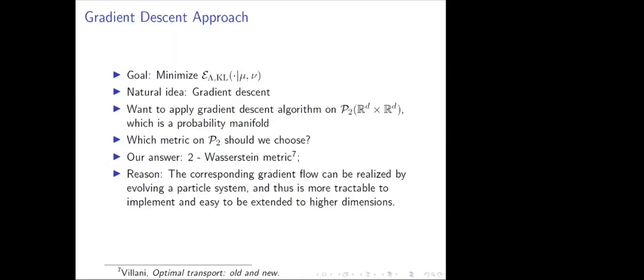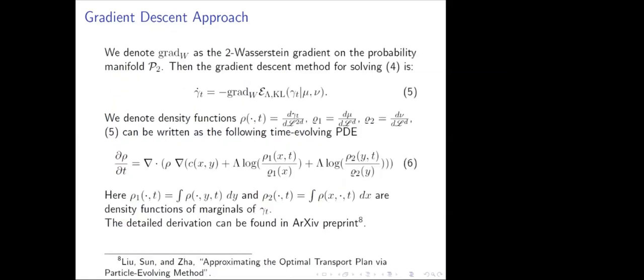Since it's a manifold and we are applying gradient descent, what kind of metric should we choose on this manifold? Our answer is the 2-Wasserstein metric. The reason is that if we choose the 2-Wasserstein metric, the corresponding manifold gradient flow can be realized by evolving a particle system, and thus is more tractable to implement and easy to extend to the higher-dimensional case.